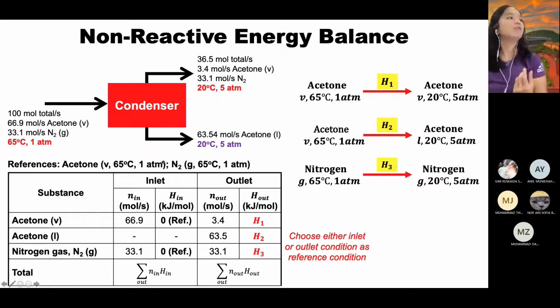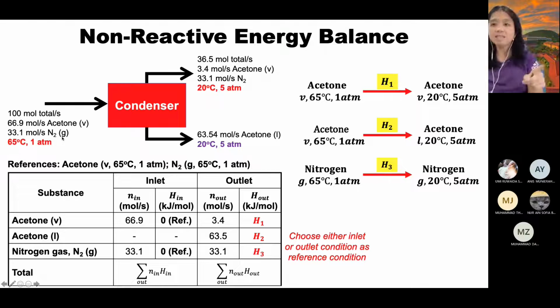So let's say, if you want to do this, maka condition dia, again, every compound kamu kena state clearly apakah reference condition dia. For example, in this case, saya pilih inlet condition, right? So, acetone vapor, 65 Celsius, 1 atm as reference condition dia. Okay, so kamu nampak untuk nitrogen gas pun sama.